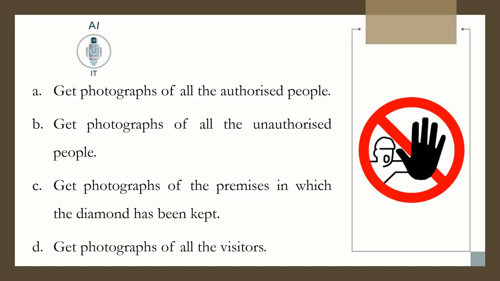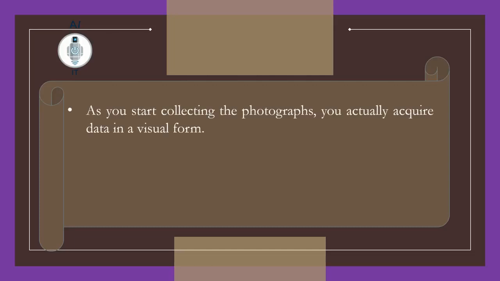And finally, we can get the photographs of all the permitted visitors who can come and see the diamond. So this is the second stage of AI project cycle where we collect the data that we need and acquire it in a visual form.